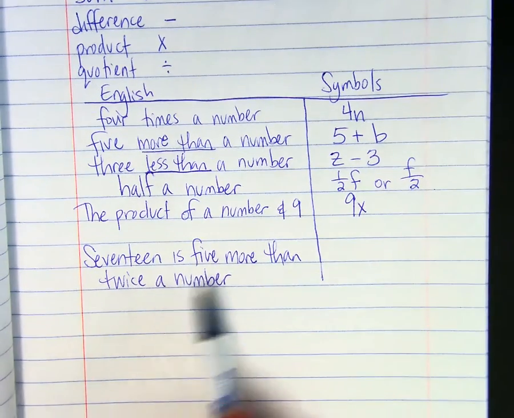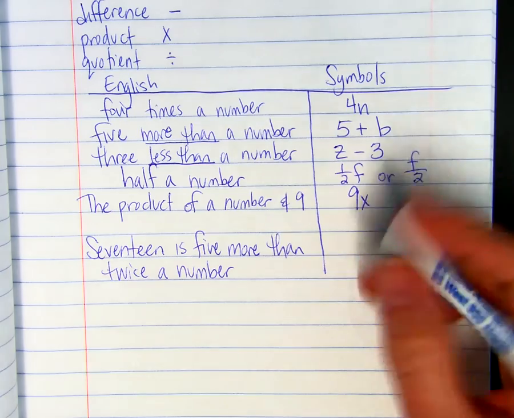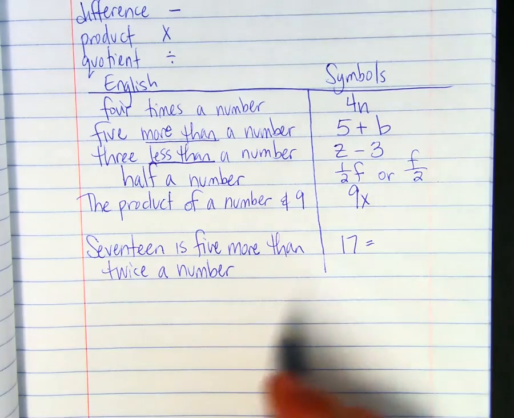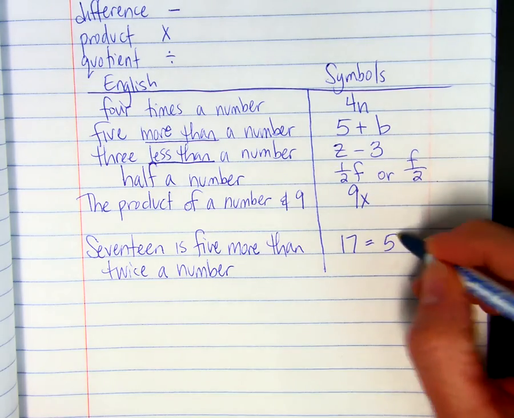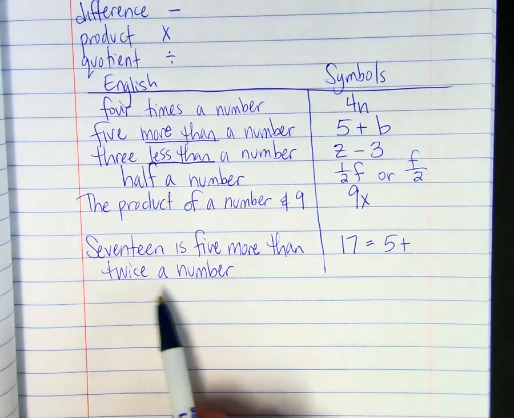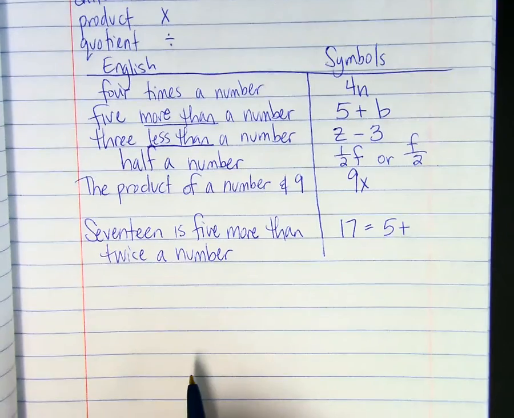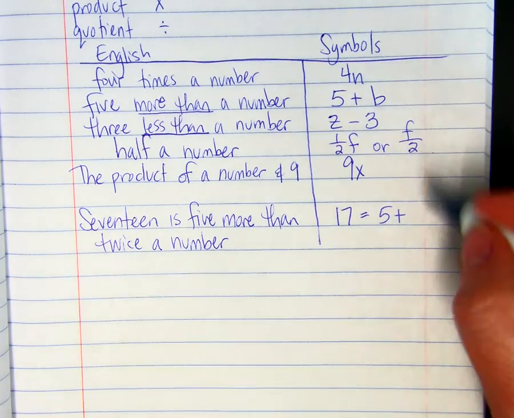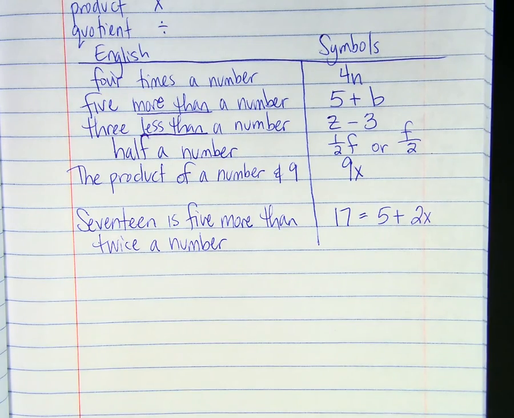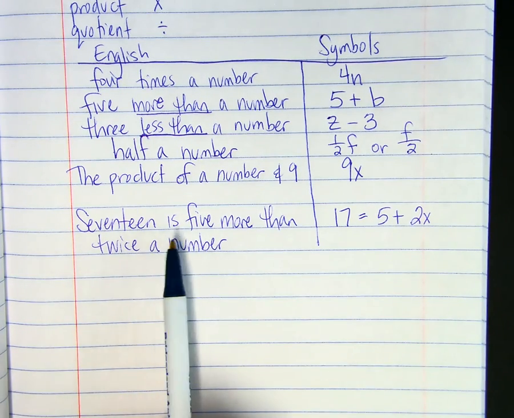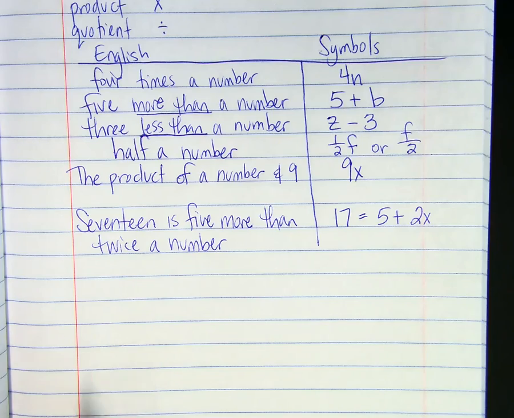So if you remember, is means equal, so we're going to have 17 equals 5 more than, so we're going to be adding 5 to twice a number, and twice a number just means 2 times our variable, so 2x. So this would be translating 17 is 5 more than twice a number.